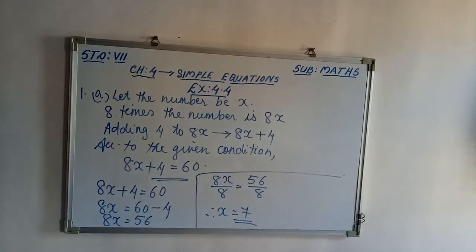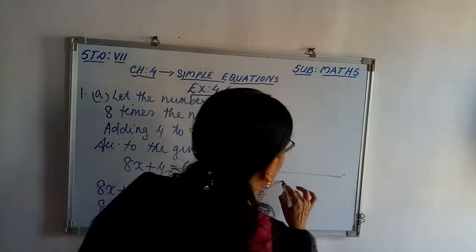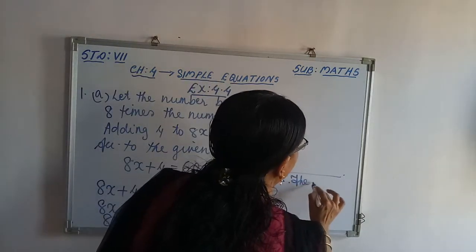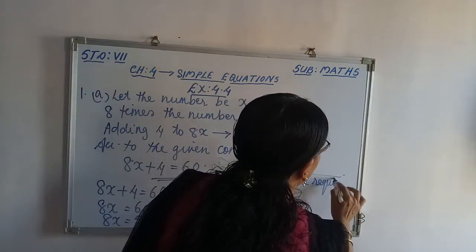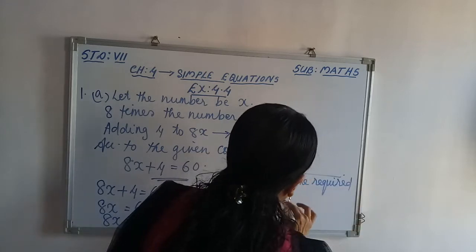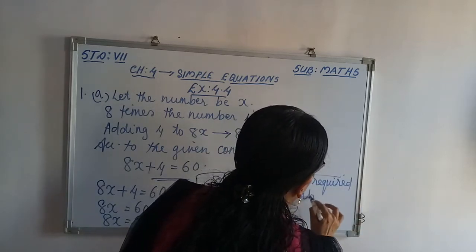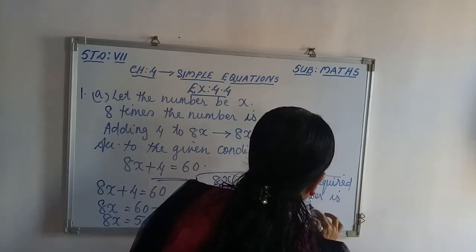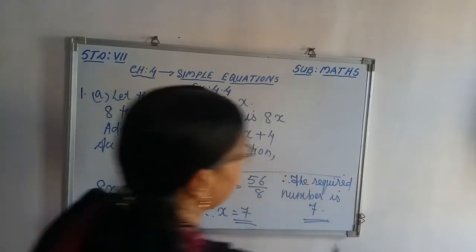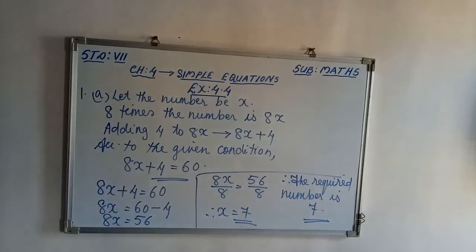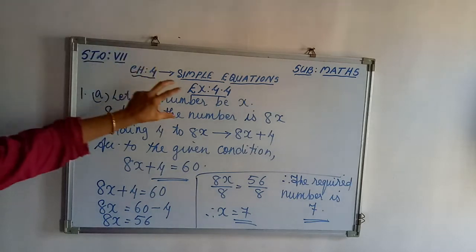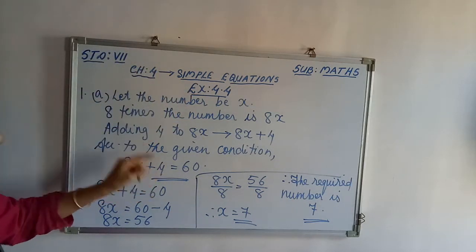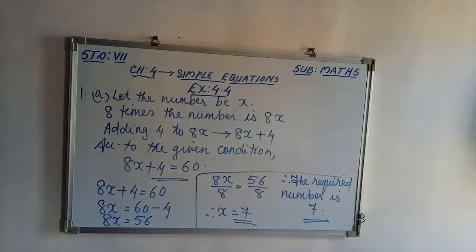So what you have to write? Therefore, the required number is 7. So that is the answer. So from the given condition, you have to frame the equation, then solve the equation.